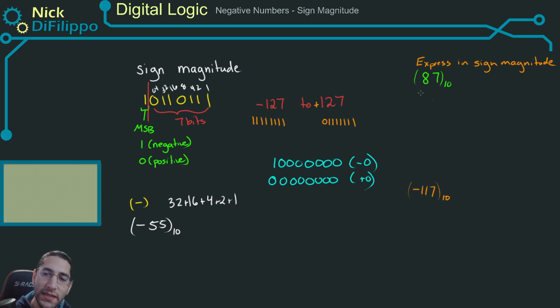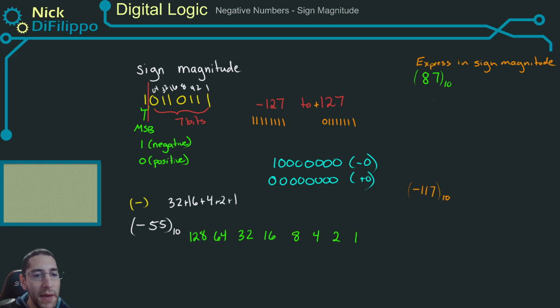So let's look at this. If you're ever taking a digital logic class, you might be asked to represent a number using sign magnitude. So let's look at 87. We want to express this as sign magnitude. What I'm going to do is write all my multiples of 2 to keep track of my bits: 16, 32, 64, and 128.